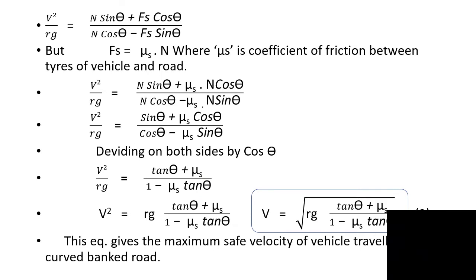So we get v square equal to rg into (tan theta plus mu s) upon (1 minus mu s tan theta), or v equal to square root of rg into (tan theta plus mu s) upon (1 minus mu s tan theta). This equation gives the maximum safe velocity of the vehicle traveling along curved banked road.